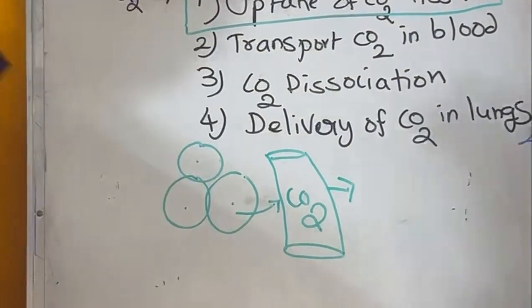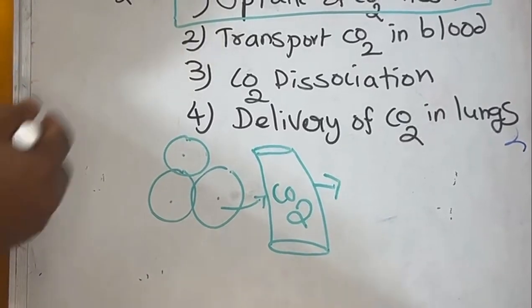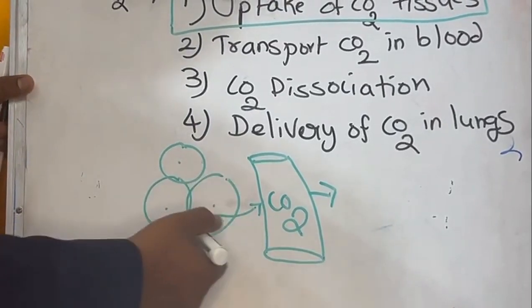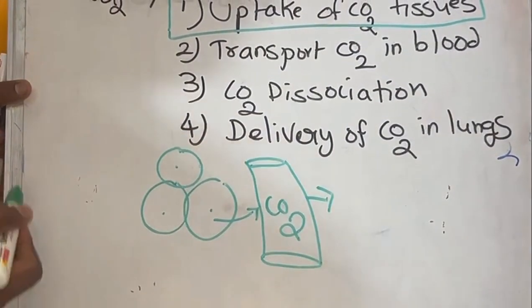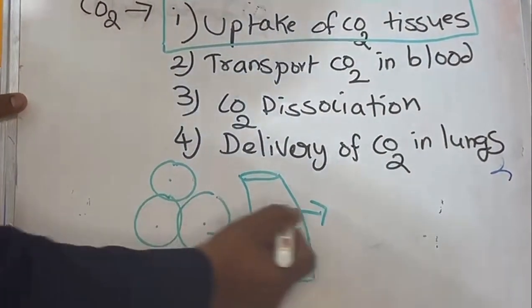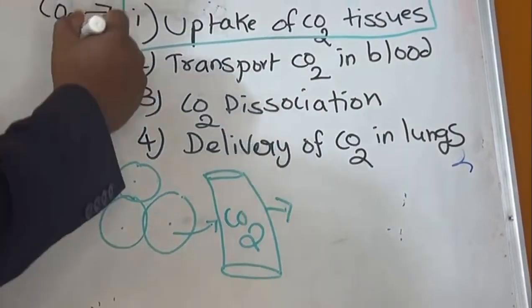The carbon dioxide concentration is more in the tissues or cells, and in the surrounding capillary the concentration is less. That is the reason why carbon dioxide is transported from here to here. The first step is over.